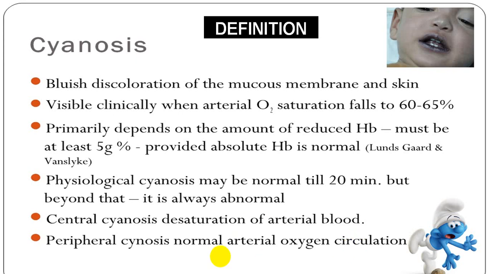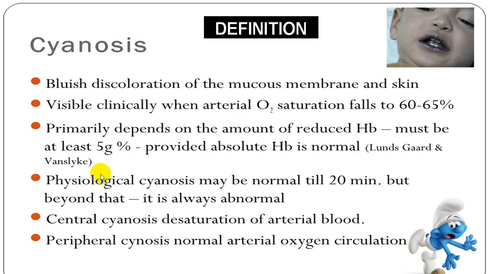So this is very important. Reduced hemoglobin, or what we call deoxyhemoglobin, has to be minimum more than 5 gram percentage, and that should be in circulating blood, that is arterial blood rather than venous blood. As such, in venous blood it will be more than 5 gram, but that will not provide you cyanosis.